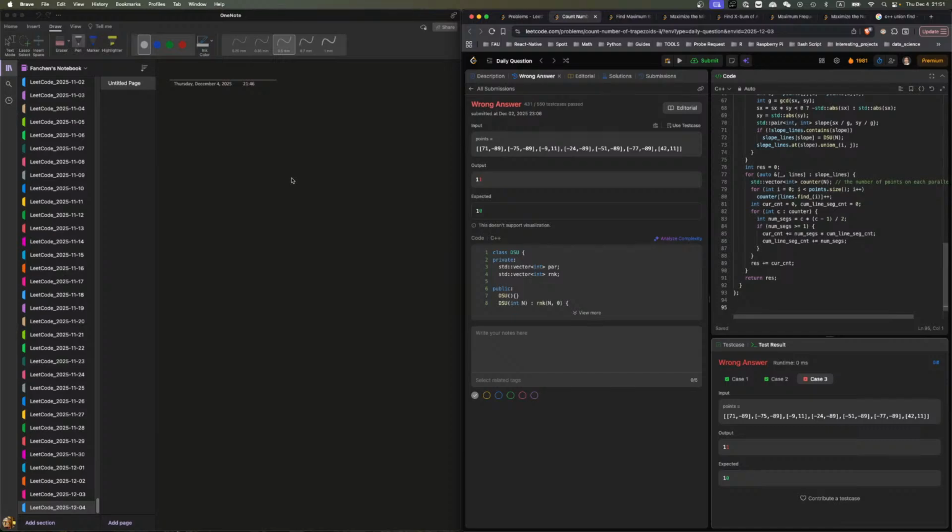Okay, output 11 should be 10. See, they all have the same. Let's say this is, hold on.